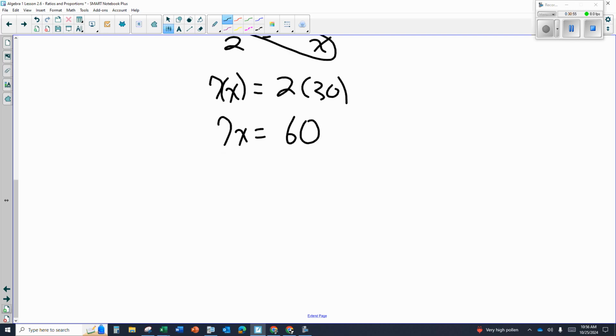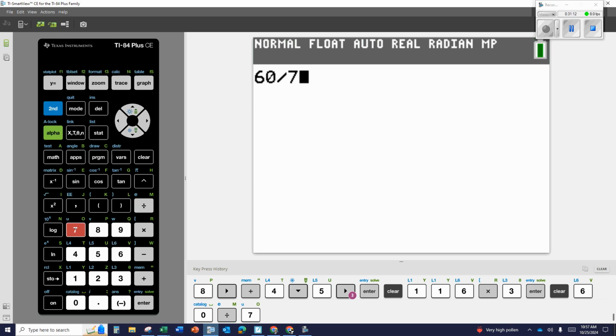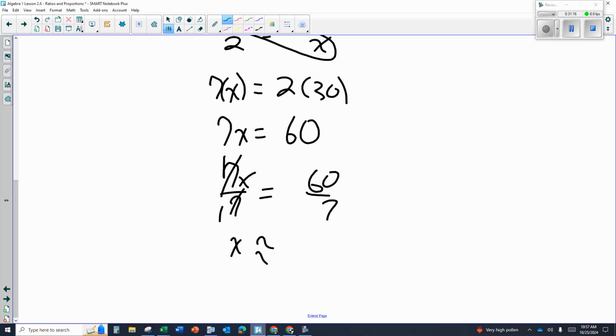And to solve for x, which is the number of laps for 30 minutes, 7x divided by 7 equals 60 divided by 7. 7 divided by 7 simplifies to x over 1. And with the help of our calculator, 60 divided by 7 is going to give us approximately 8.6 if we were rounding, so not equal to, but approximately equal to 8.6.